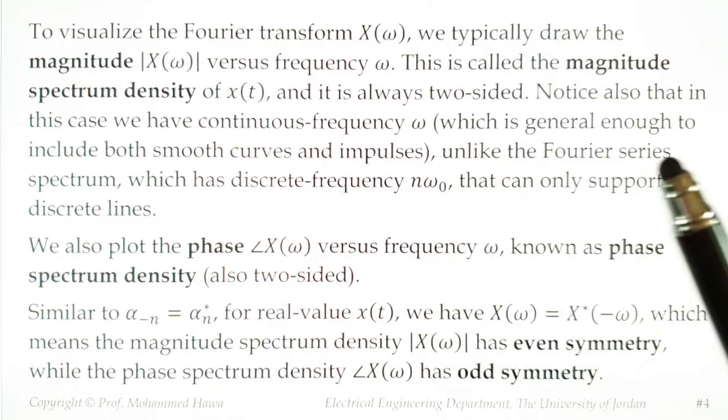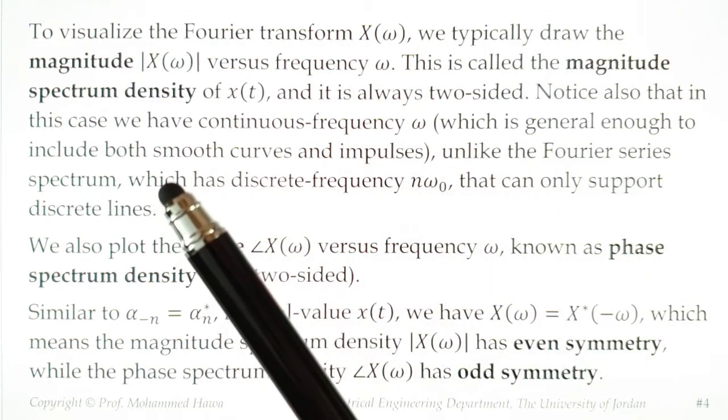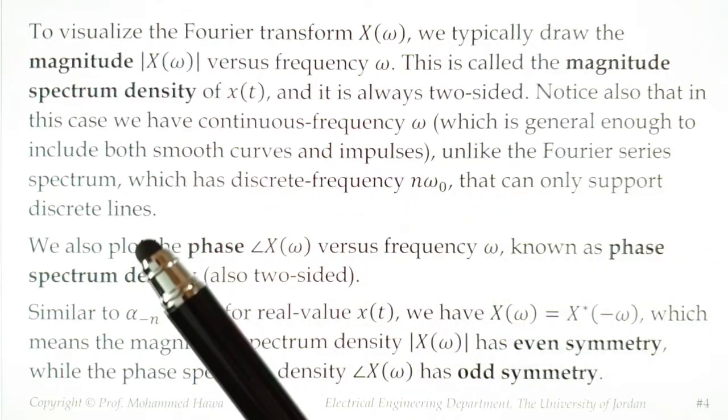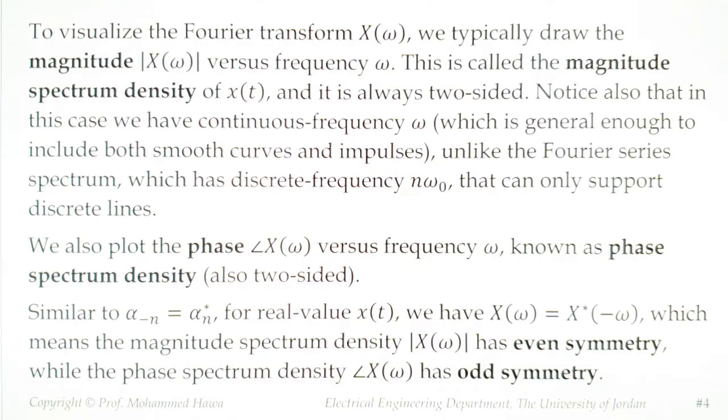This is unlike the Fourier series magnitude spectrum, which has only discrete frequency that can only support discrete lines. And discrete lines work nicely with periodic signals, but they do not have support for aperiodic signals.